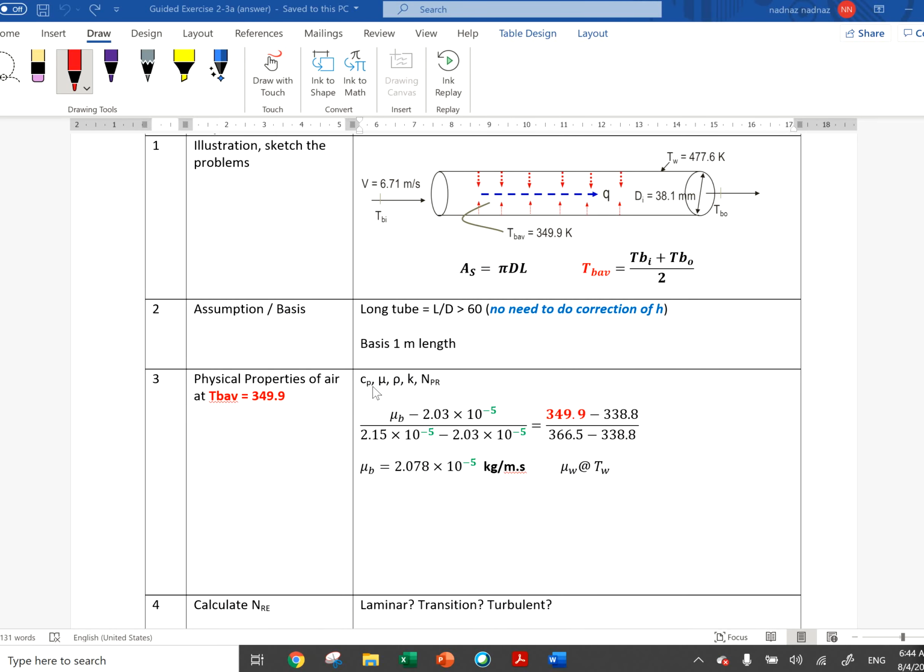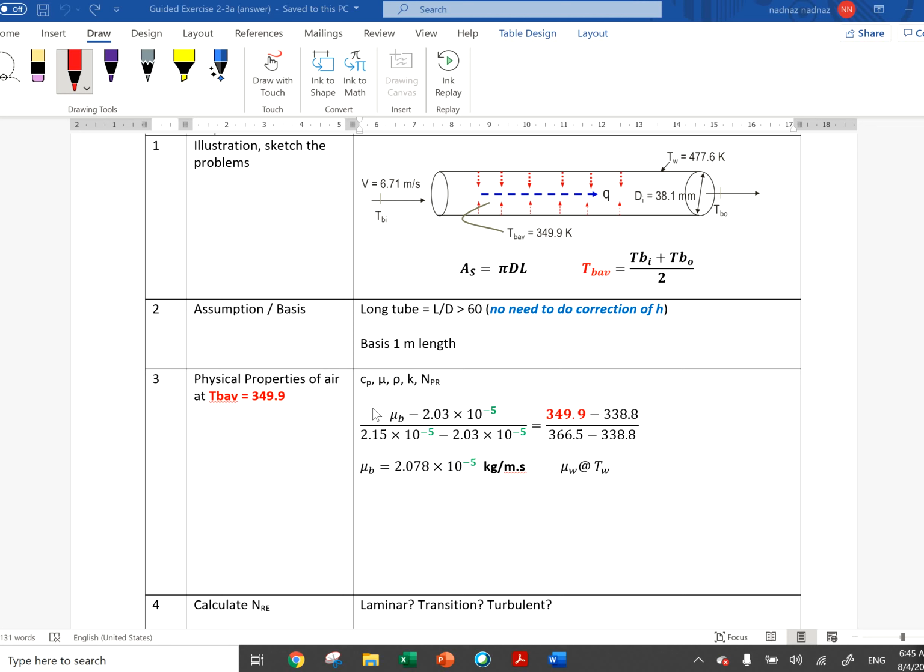So here you need to complete your calculation to get the value for Cp, mu, rho, K, and also Prandtl number. Please be reminded that you should show the interpolation for at least one of the properties.